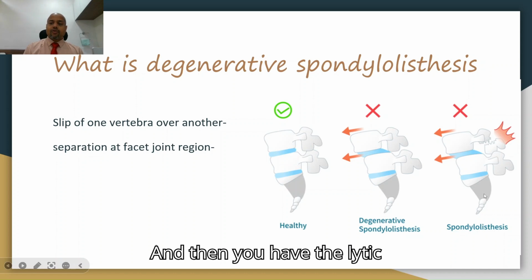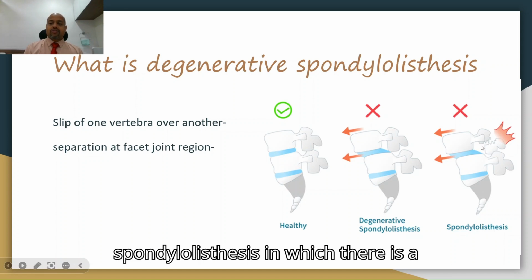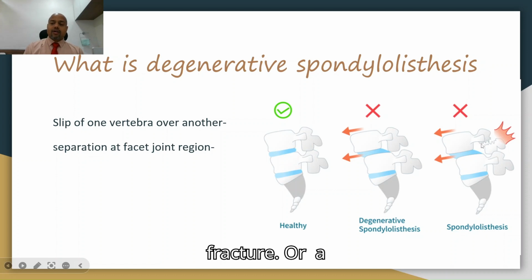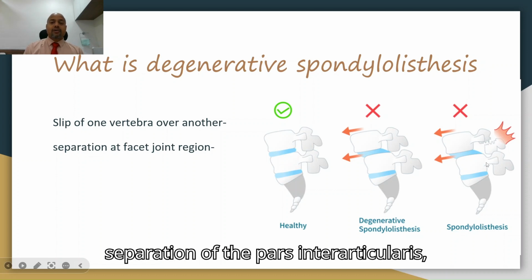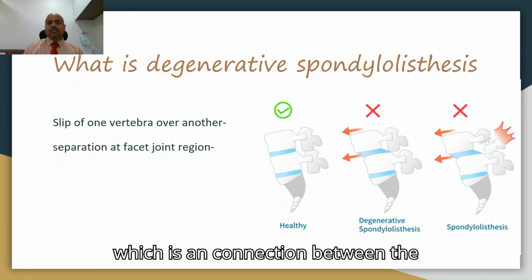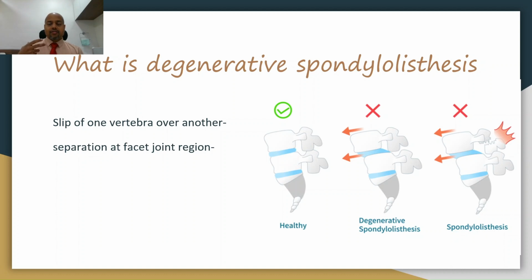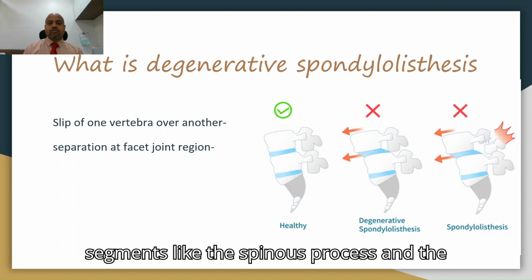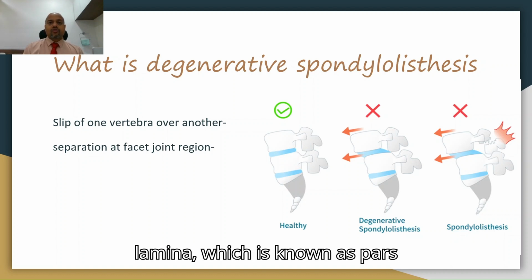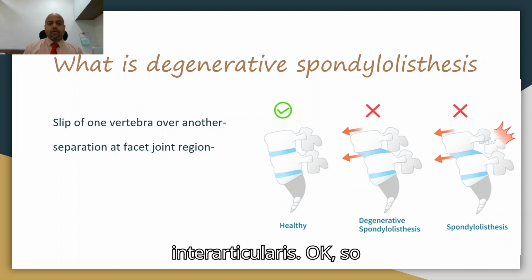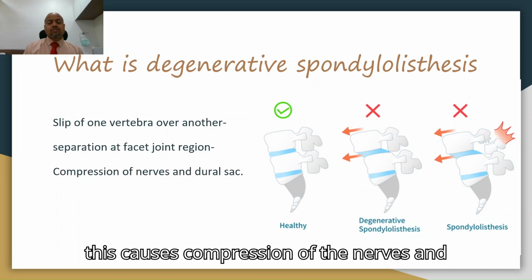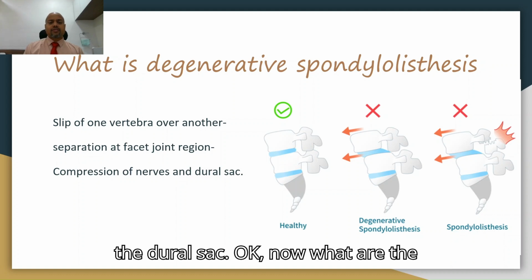Okay, and then you have the lytic spondylolisthesis, in which there is a fracture or a separation of the pars interarticularis, which is a connection between the vertebral body and the posterior segments like the spinous process and the lamina. Okay, so this causes compression of the nerves and the dural sac.